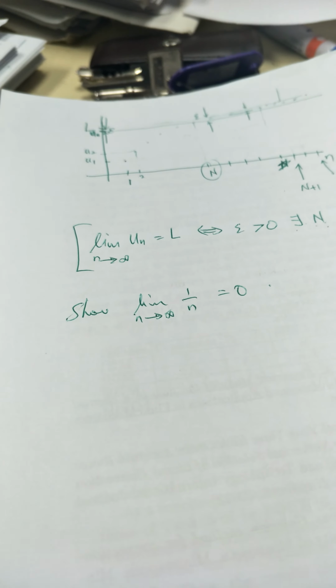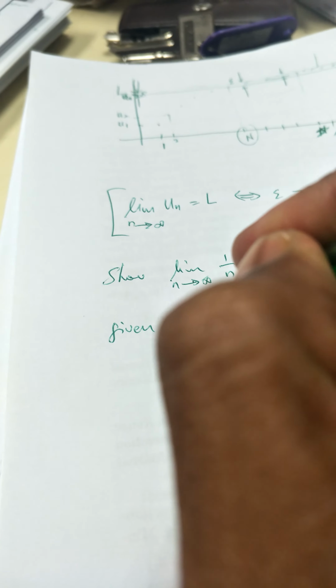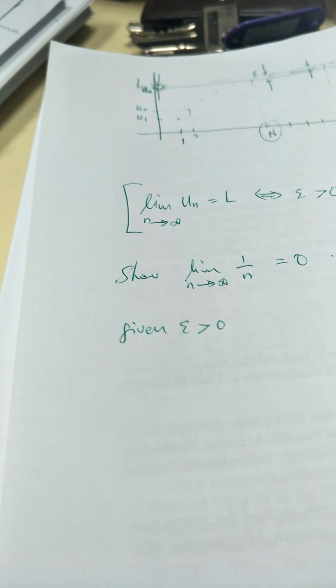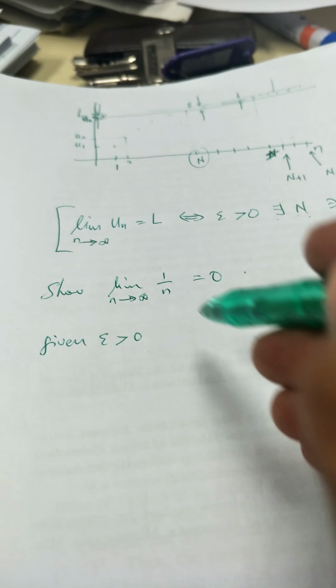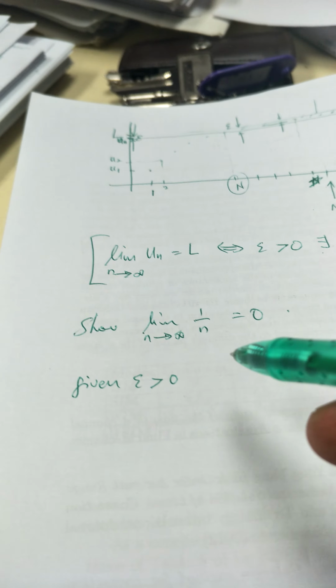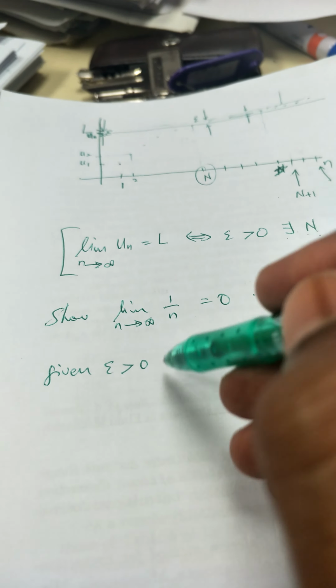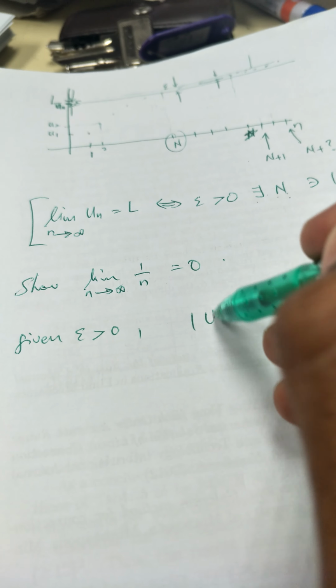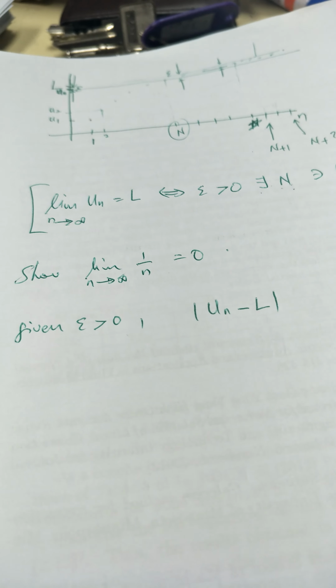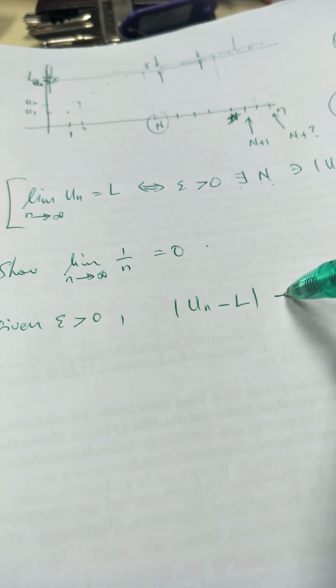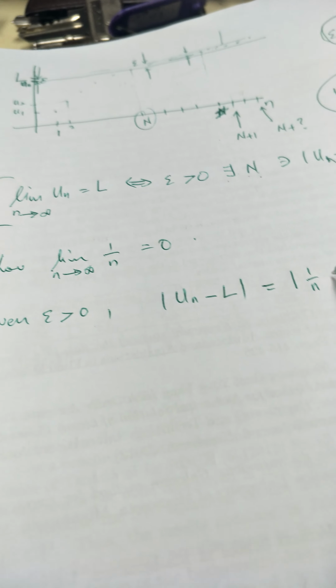Now, how to do this? We begin with given epsilon positive, a small number. Then from un minus L, your L in this case is 0 and un is 1 over n, so this is 1 over n minus 0.